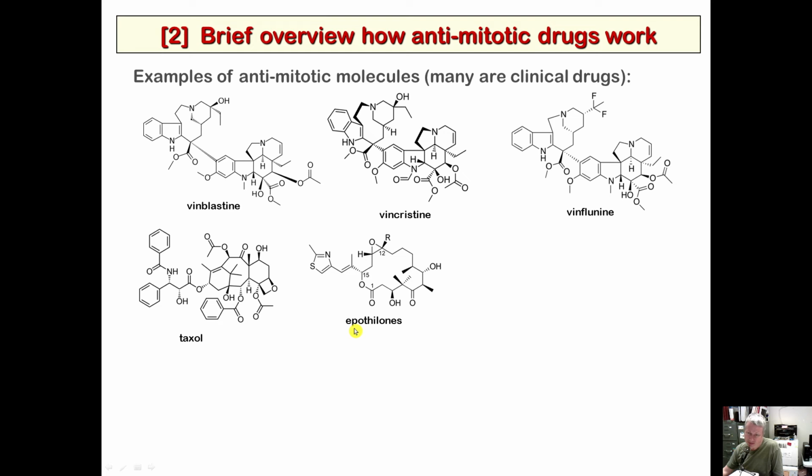Epothilones are different, but they also have the same general activity. It's a macrocycle, a cyclic ester, a macrocyclic ester, a macrolactone, and it's a fairly simple molecule if you compare it to all these other ones, but it's got a couple chiral centers, and then they have these R groups that are attached also.